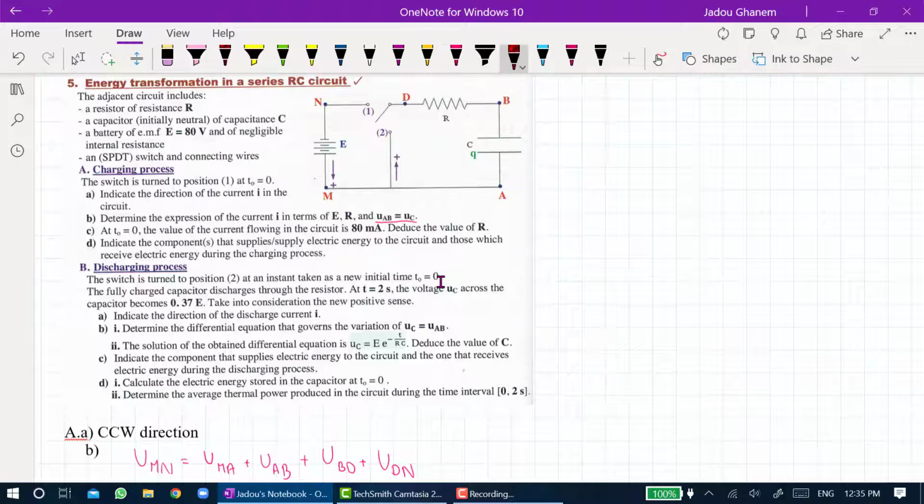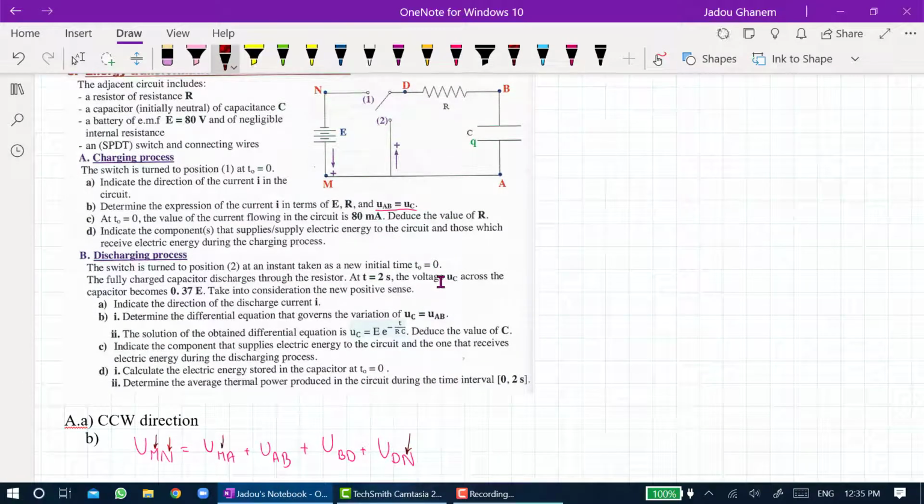Note that we must start with the first letter and end up with the last letter. Similarly here, we start with the first and end up with the last. MA is a connecting wire, 0 volt. DN is a connecting wire, 0 volt. Once the switch is closed, it acts like a connecting wire.